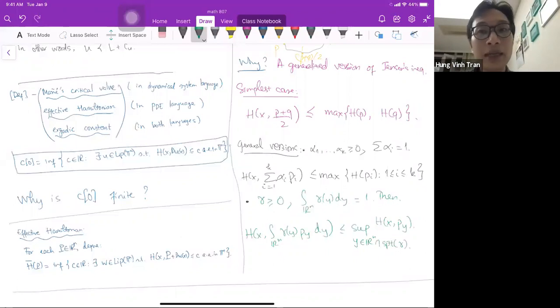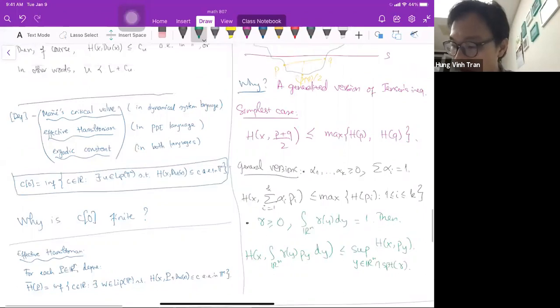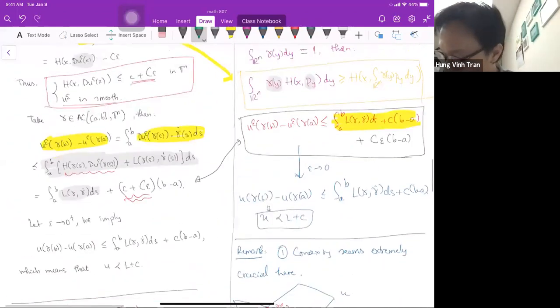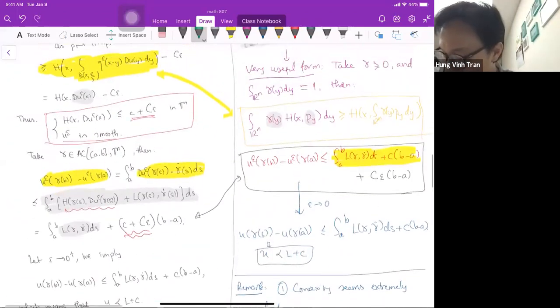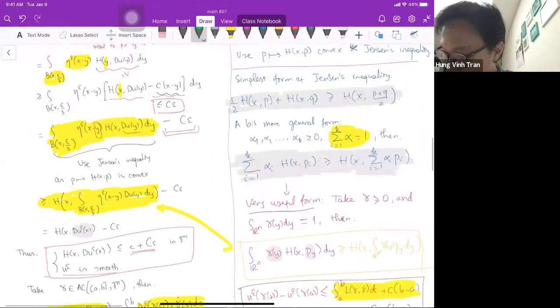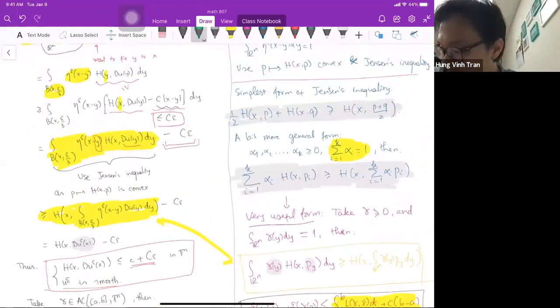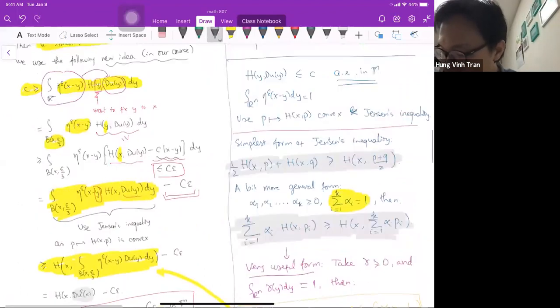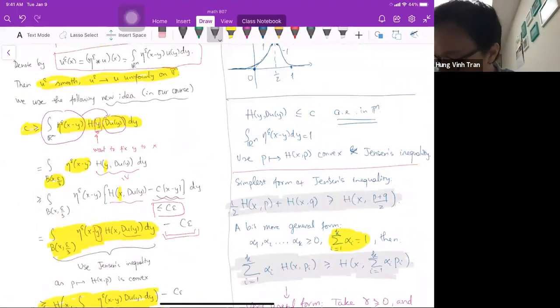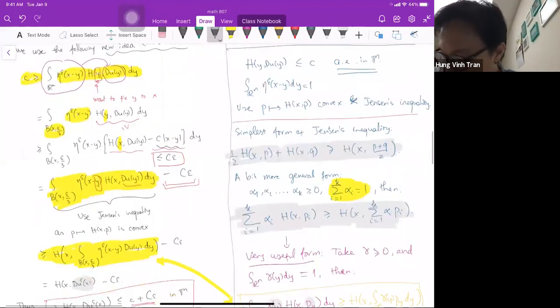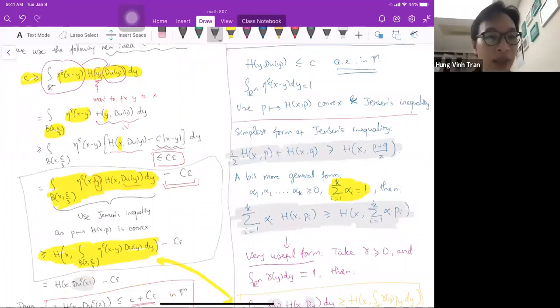And I claim that with this we are done, because you can look back at the inequality we were using. What changes is only this part. Let me put a box here. What changes is only this inequality, right? Where's the Jensen inequality? It's only here in the box that I'm putting on the left panel.